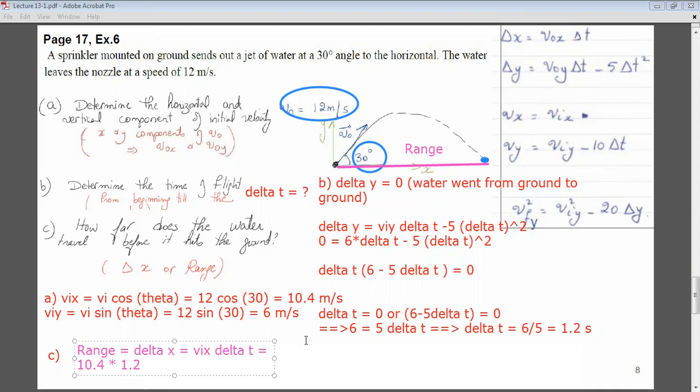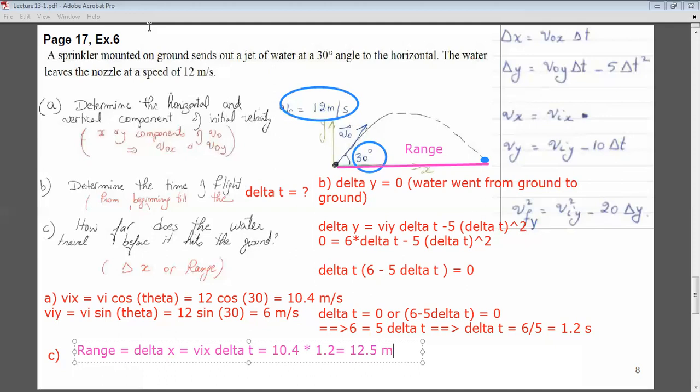How much will this give me? This is around 12.5 meters. Okay, so this is the second problem, and it's the last one for today.